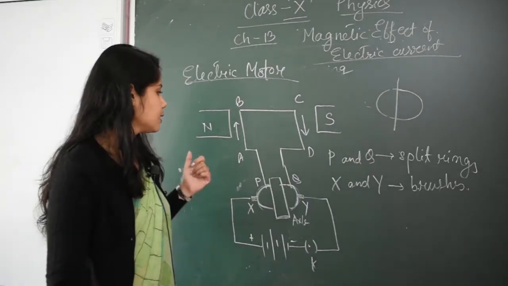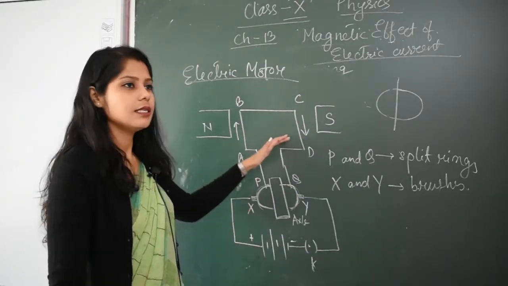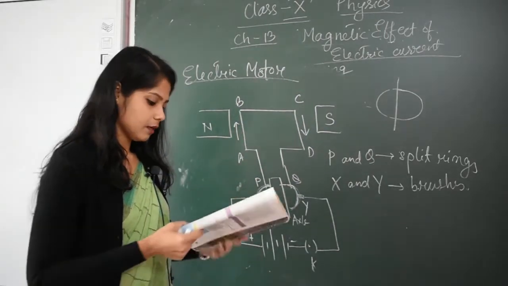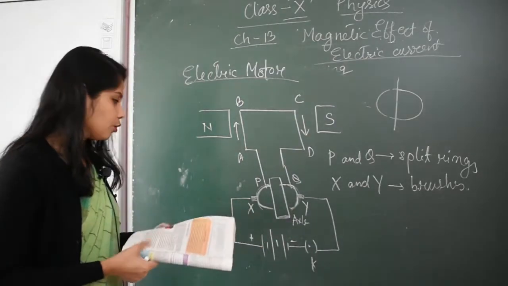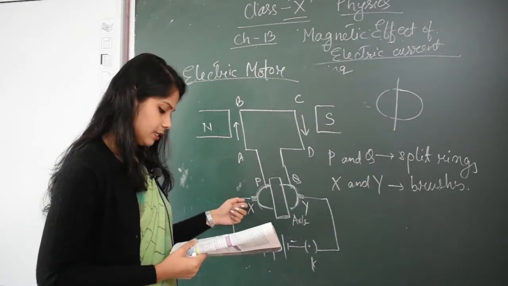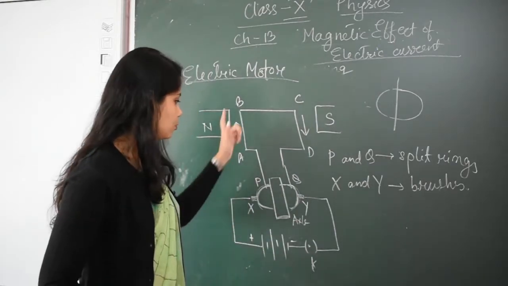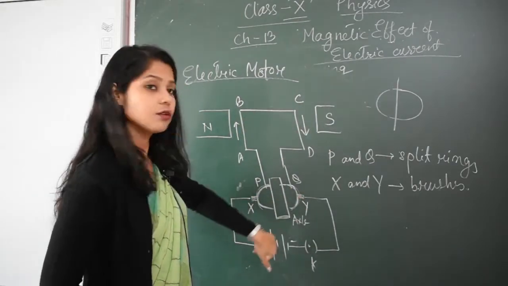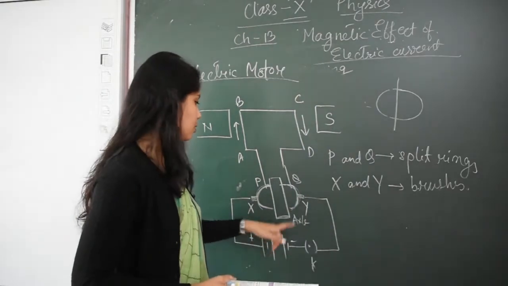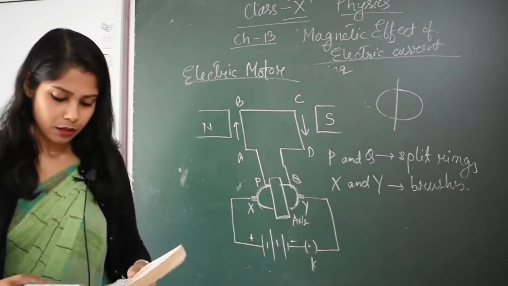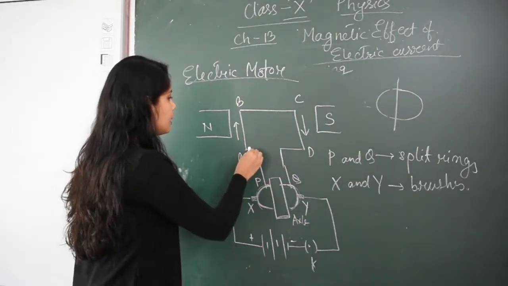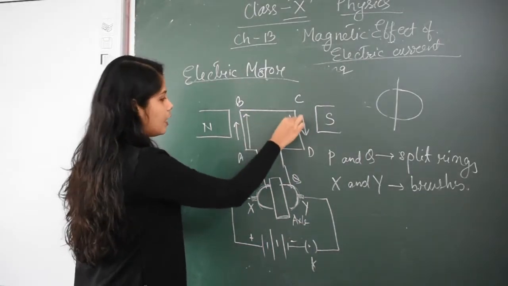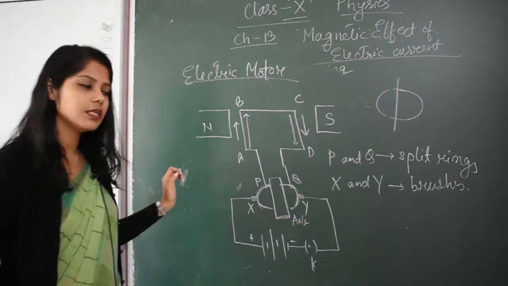So current in the coil ABCD will enter from the source battery through the conducting brush X and flow back to the battery through the conducting brush Y. You see, in the arm AB the current will move from A to B, and in CD it will move from C to D.